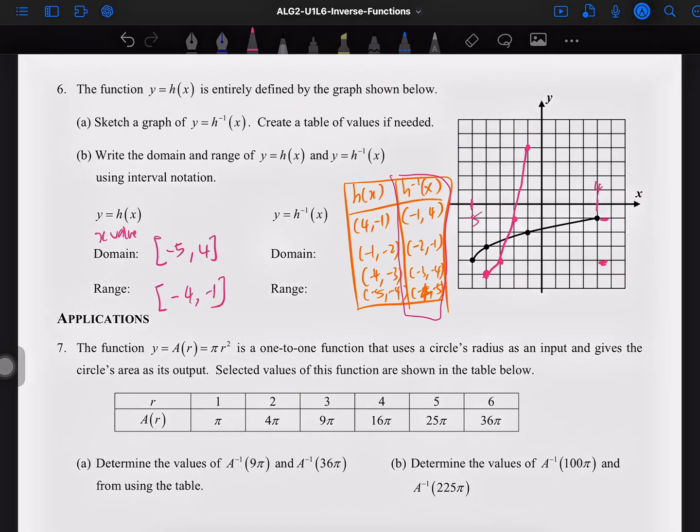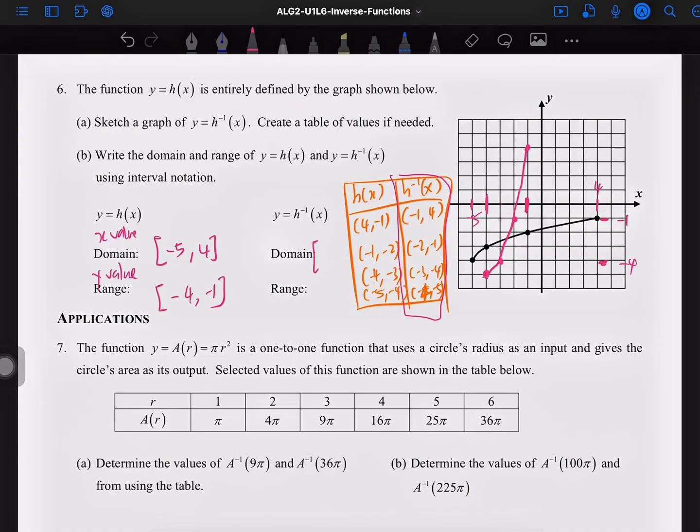Range is the y value. How about h inverse? For h inverse, our x values will be -1 and -4, and the range, the y values, are here and here: -5 and 4.